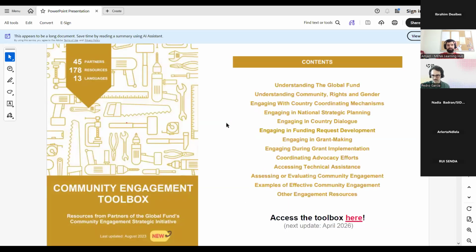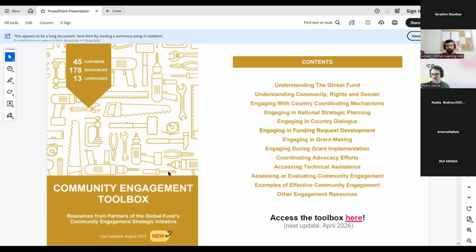An important resource is the Community Engagement Toolbox, which will be updated in April 2026. It is a tool where you have a lot of the resources that have been developed by our Community Engagement Strategic Initiative. Because there are many resources, many things happening here and there, this is really an effort to put many of the things that are out there, developed by partners, in one place, so you can easily find them.